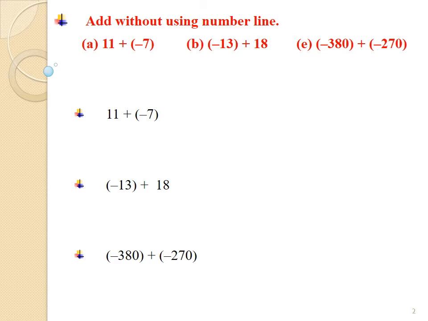Rule number 1. If we want to add two integers and the integers have common sign, that is same sign, that is both the integers are positive or both the integers are negative, then we have to add as a whole number by ignoring the sign, and the answer we get with common sign.